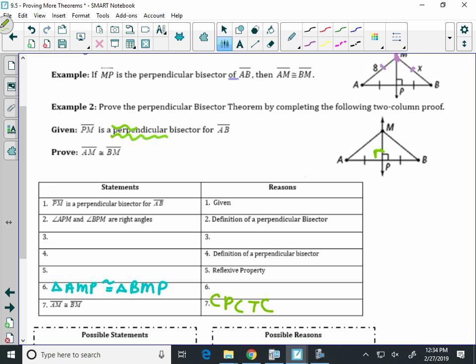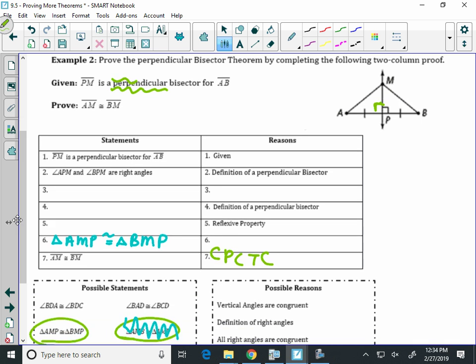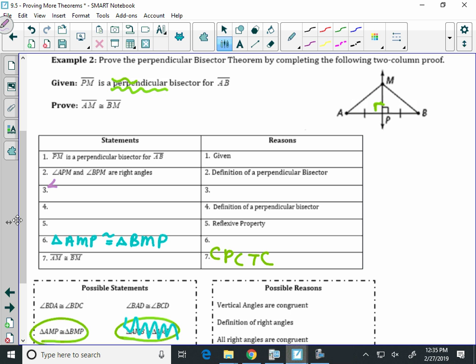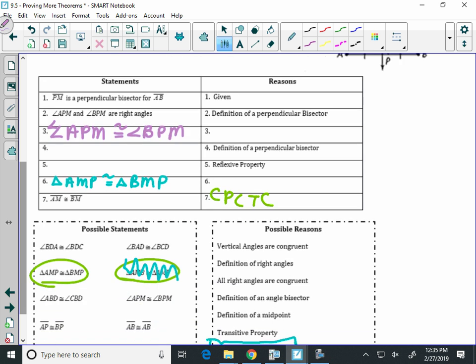Whenever you're told that angles are right angles in a proof, your very next step is to say that angle APM is congruent to angle BPM, and your reason is all right angles are congruent, every single time. Right there. Use that one.